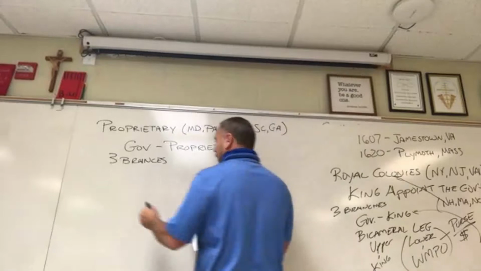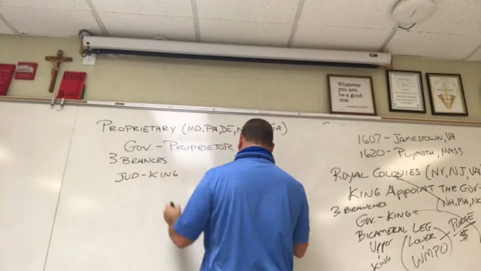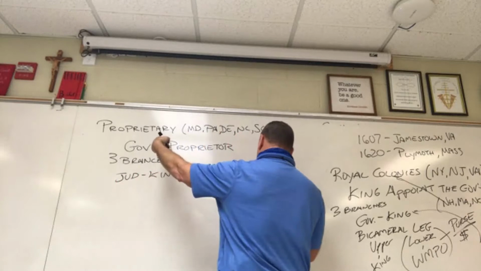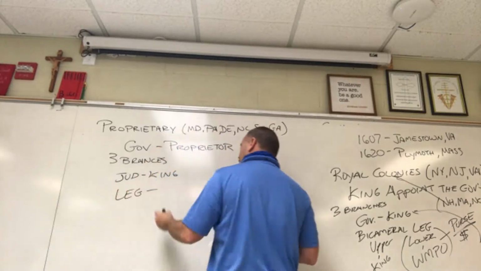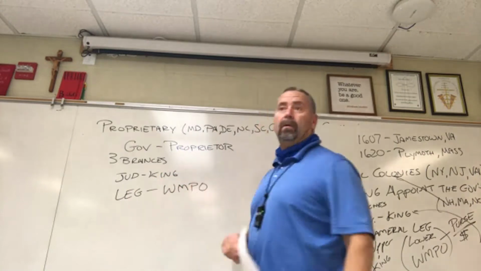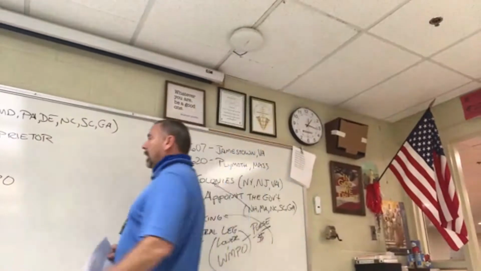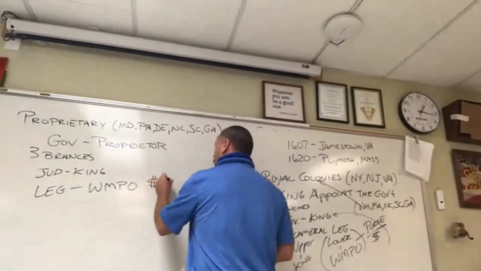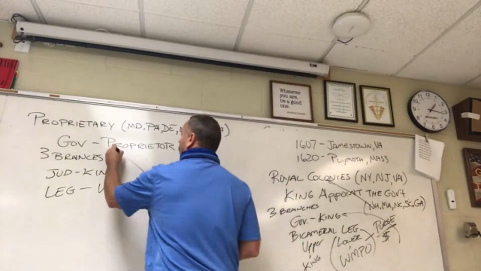The judges were appointed by the king. The executive is the proprietor. And the legislature is made up of white male property owners. Now, they also control the purse and they control the governor's salary.